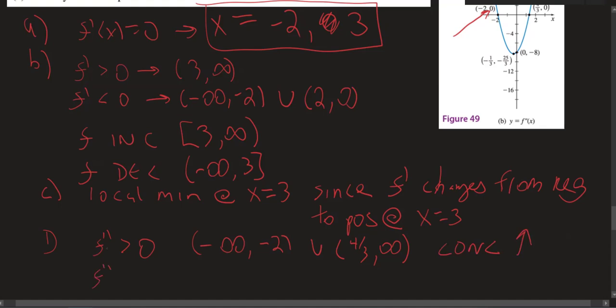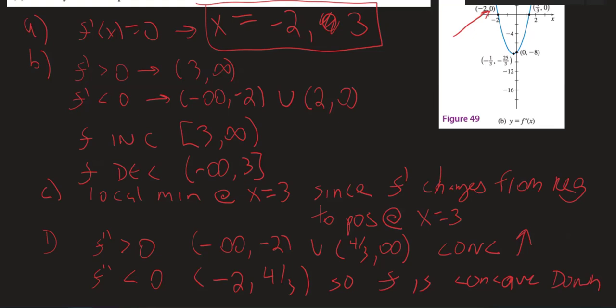And the second derivative is negative on the interval negative 2 to 4/3. So f is concave down on that interval. All right.